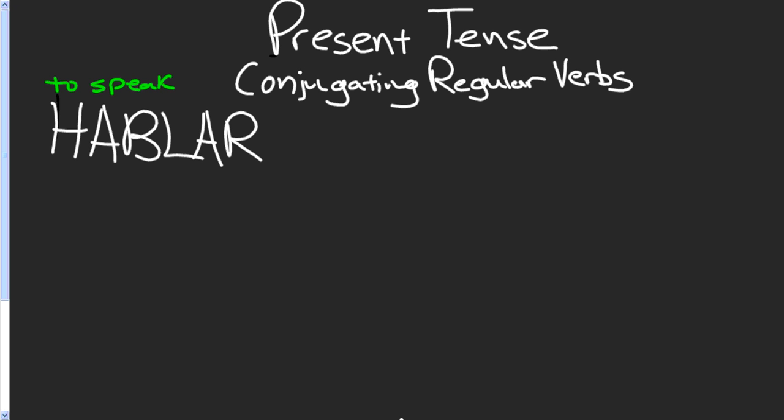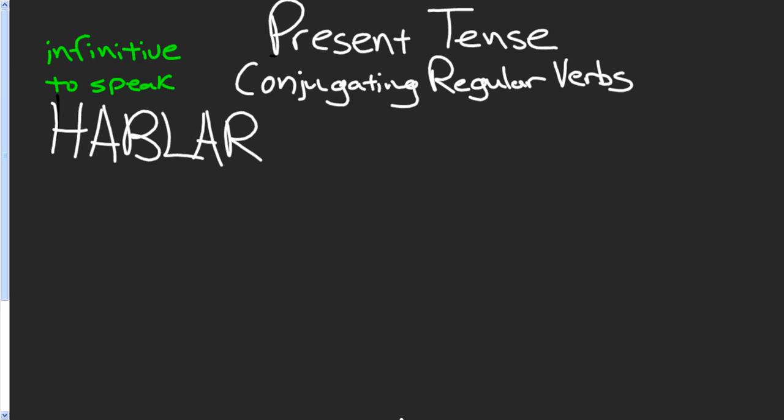And the verb hablar is actually what's called an infinitive. The infinitive really doesn't do a whole lot for us. There are times and places for the infinitives, but most of the time we need to change the infinitive into something else to make an actual sentence.